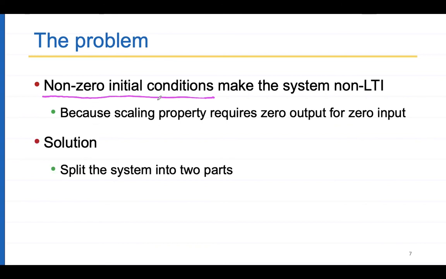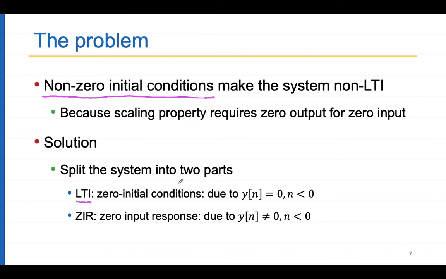Now, how do we solve it? What is the solution? Split the system into two parts. The first part is with zero initial conditions, so that my system is LTI. Because if my y[n] is 0 for all n less than 0, then my system is dependent only on x[n], not on any initial conditions, and it will follow the linear scaling property, and my system is LTI then.